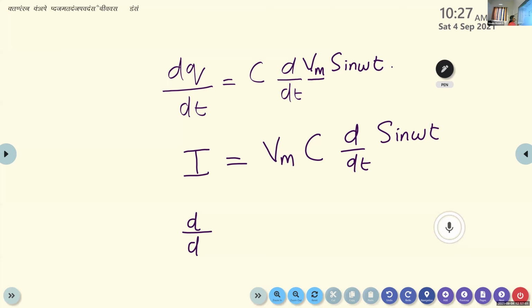In trigonometry, d by dt of sin ax. What is the value of d by dt of sin ax? Or instead of this ax, I think it is better to take d by dt of sin 2 theta.